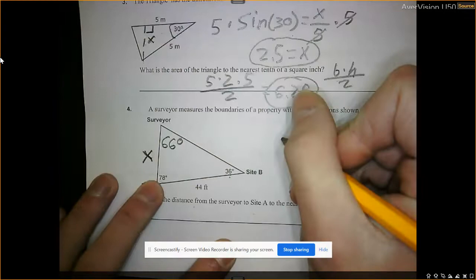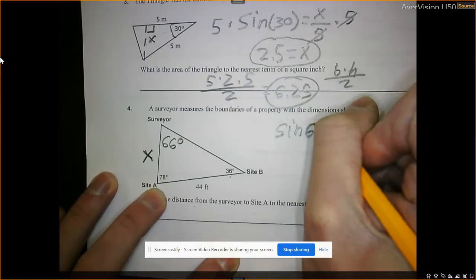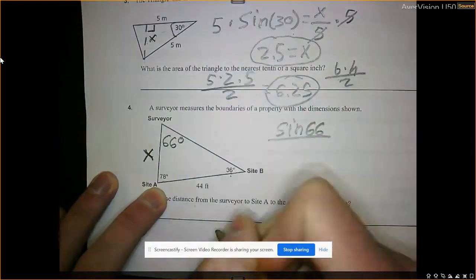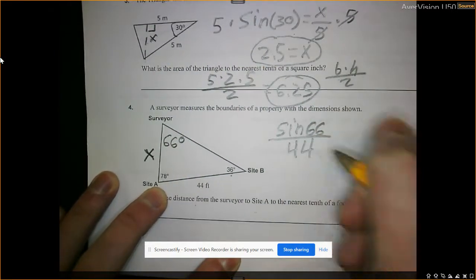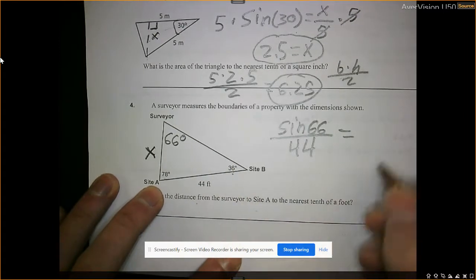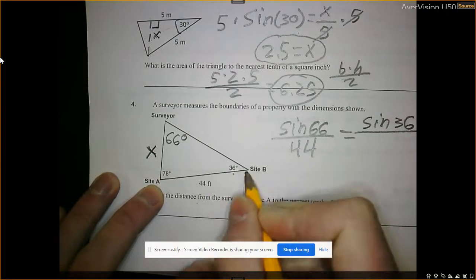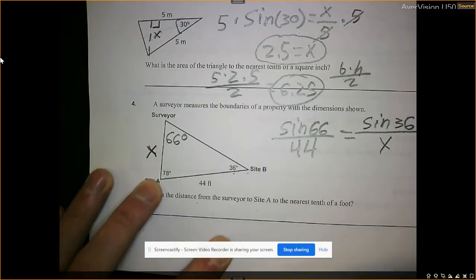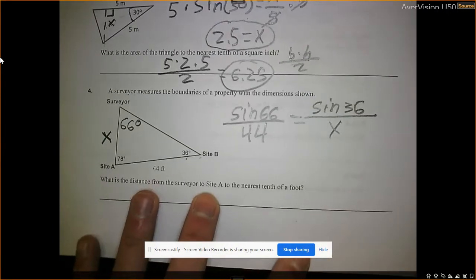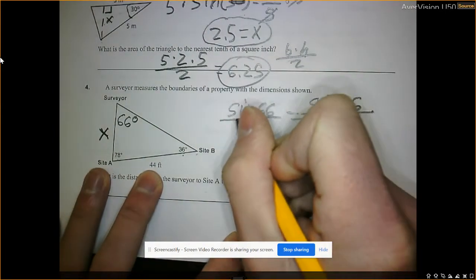From there, you're thinking, law of sines or law of cosines. In this case, you can use your law of sines. So we know sine of 66 over the side opposite, which is 44 feet, set equal to sine of 36 over the side opposite to it, which is x. Once you have that proportion set up, you cross multiply.